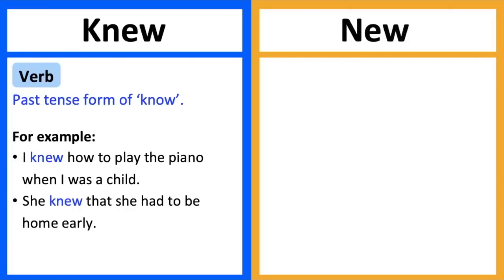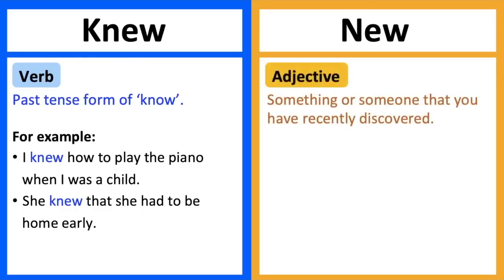New. New is an adjective. It refers to something or someone that you have recently discovered. This can be something that you have never seen before or something that you have never done before. New also refers to something that has never been used before. For example, a toy in a shop, which is brand new.